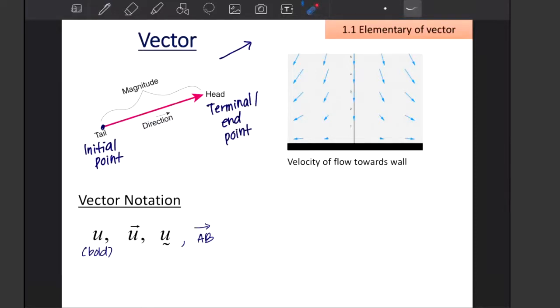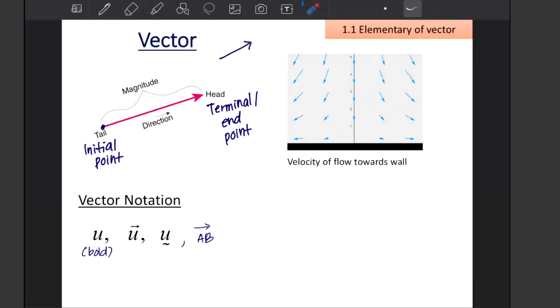So a vector has magnitude, which is the length of the vector, and we have direction. This is the velocity of flow towards this wall.